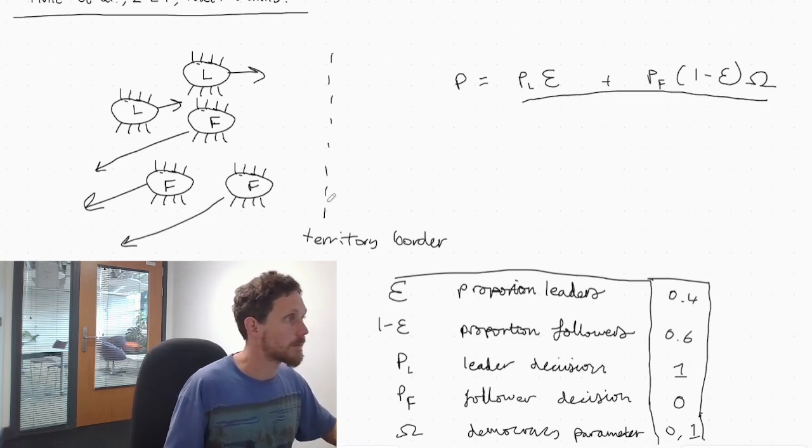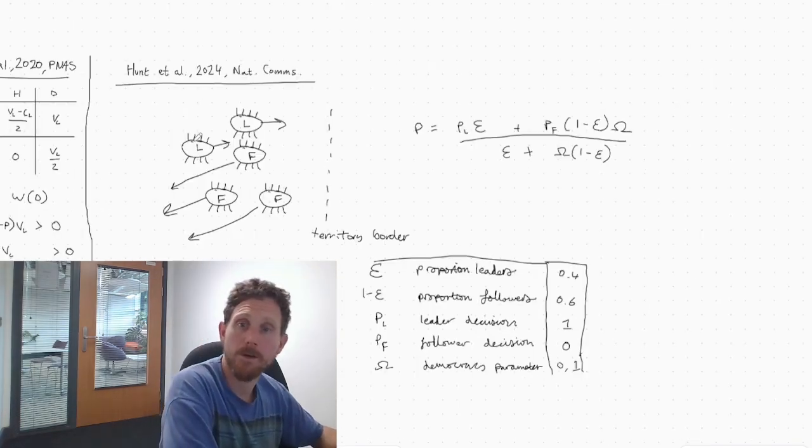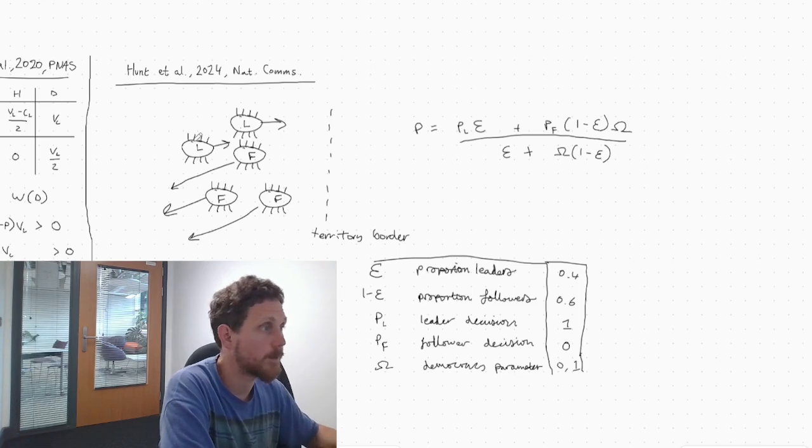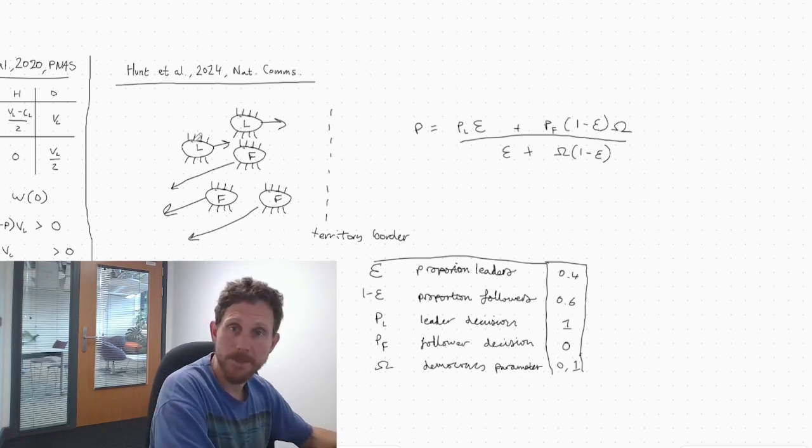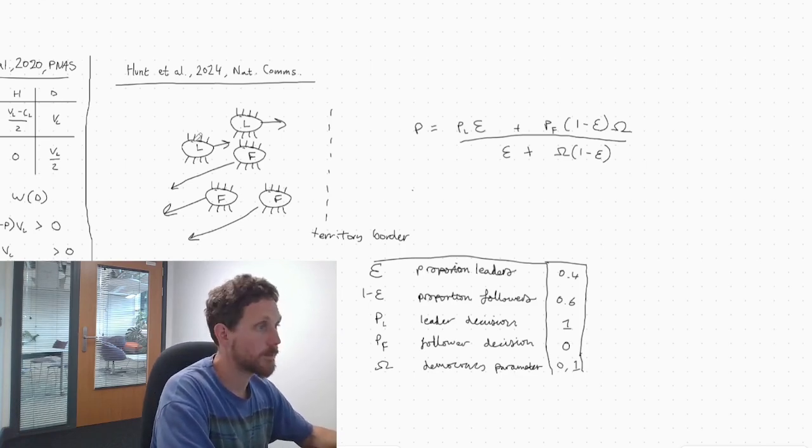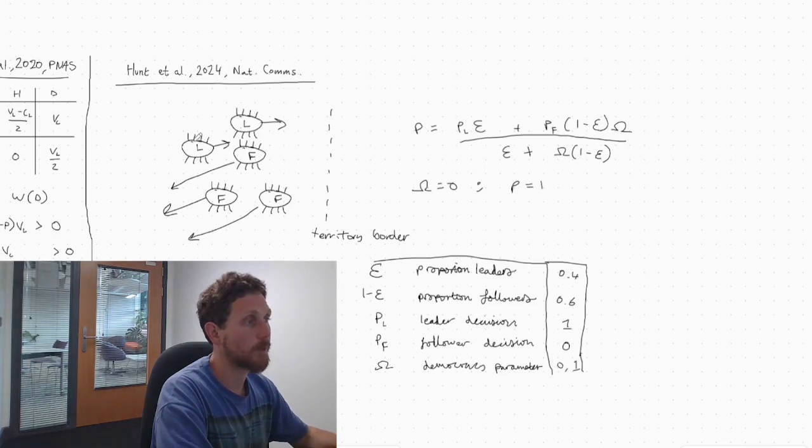The whole sum is divided by the proportion of the group that actually get a say in the decision. I'm not going to plug in all of these numbers, but you can do it yourself if you like. When democracy is 0, P equals 1. When democracy equals 1, P equals 0.4.